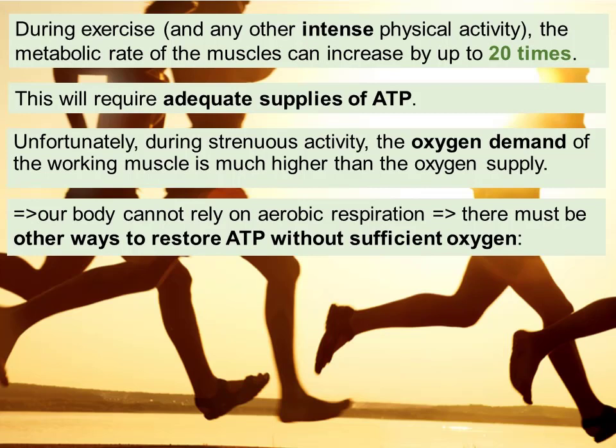So as we begin physical exertion, and our muscles burn through very rapidly those 5 to 6 seconds worth of ATP, the metabolic rate is going to jack up 20-fold. Your muscles are going to be working, metabolizing, aerobic respiration, producing more energy.